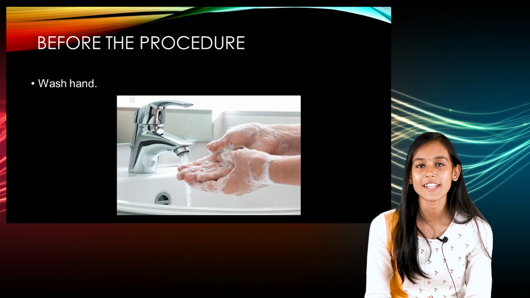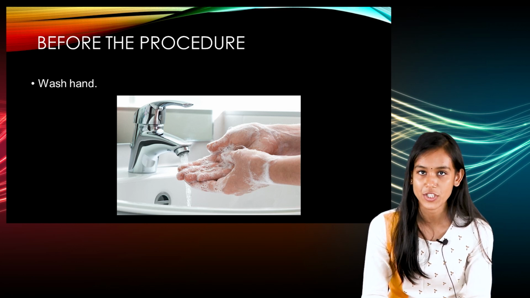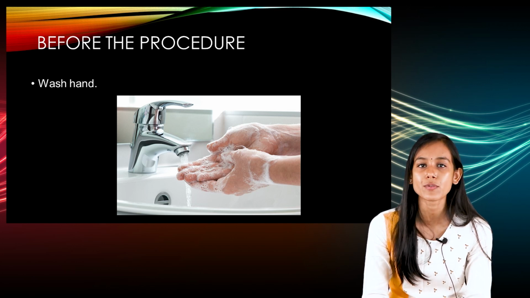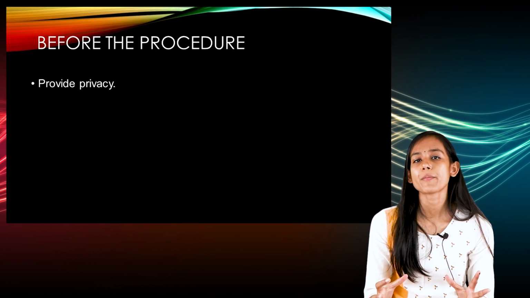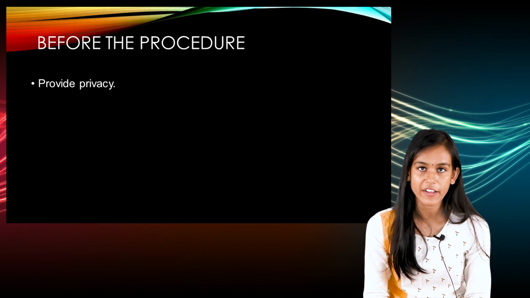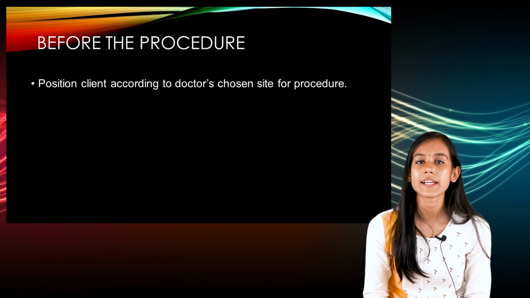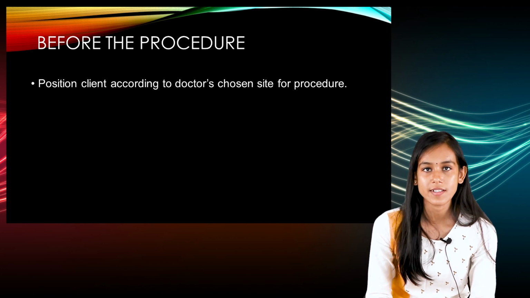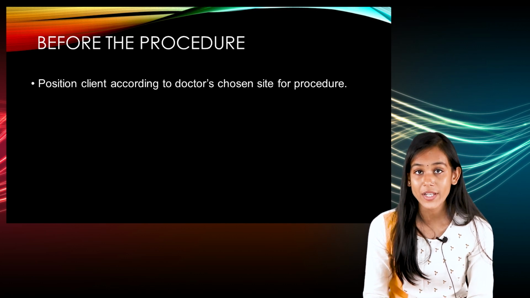So the next thing, after arranging all the articles and equipment, you're going to do hand washing. So you're going to follow all the steps of hand washing, and then you have to come for the procedure. So before the procedure, you need to provide privacy to the patient, and you have to make sure that you position the client in a proper manner. As we have already discussed, there are certain common locations from where the bone marrow is taken.